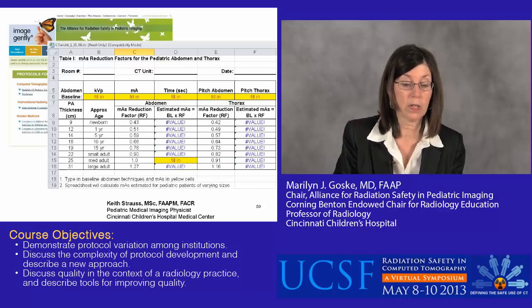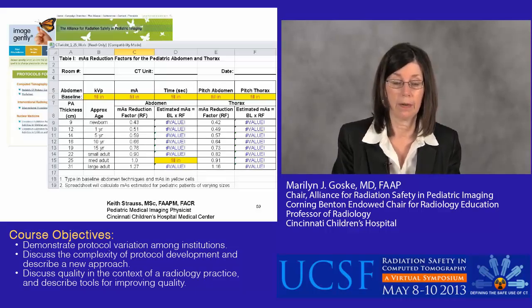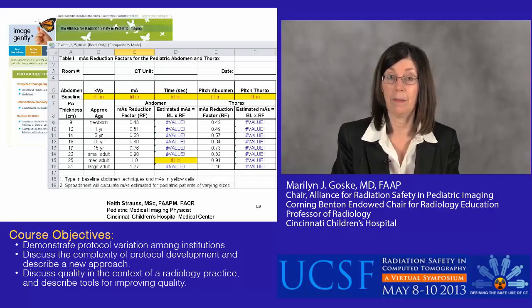Another resource regarding quality I wanted to show you was developed by Mr. Keith Strauss, who is our medical physicist for Image Gently. And he developed in 2008 something called Universal Protocols. This is available on the Image Gently website, and it's been downloaded over 24,000 times.